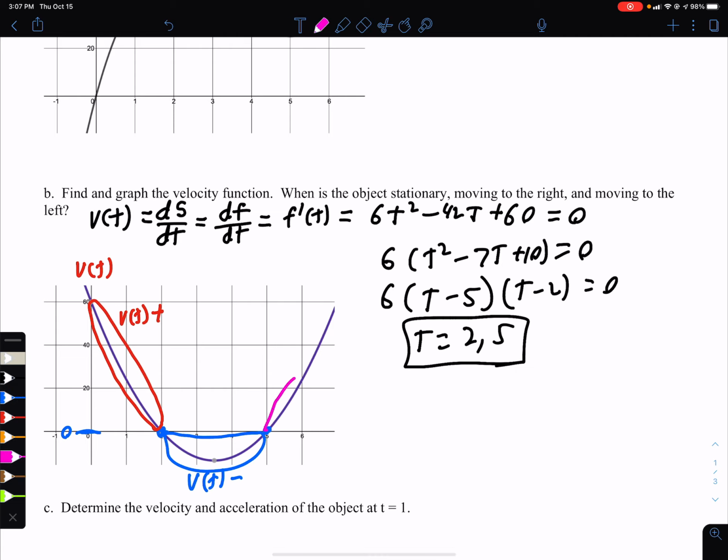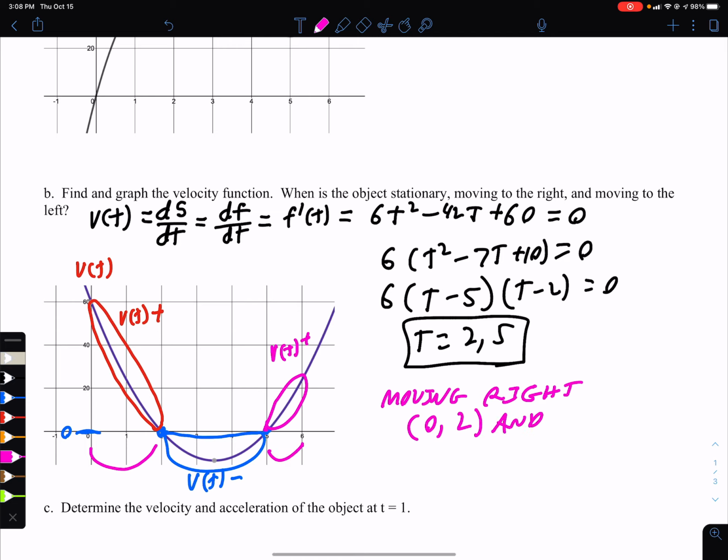And then from 5 to 6, the velocity is positive. Now, if the velocity is positive, it's moving to the right. So it's moving to the right between 0 and 2, and from 5 to 6.